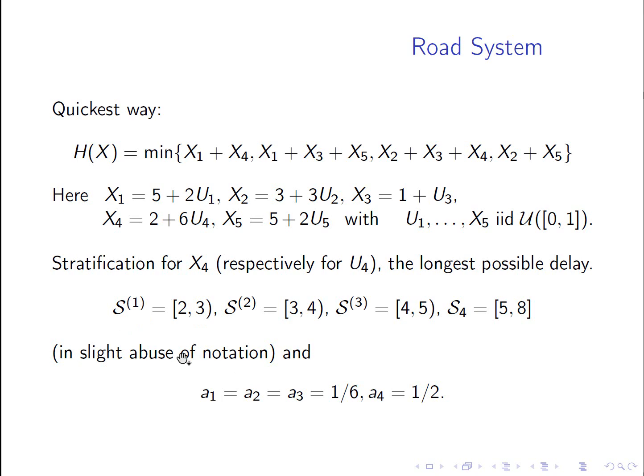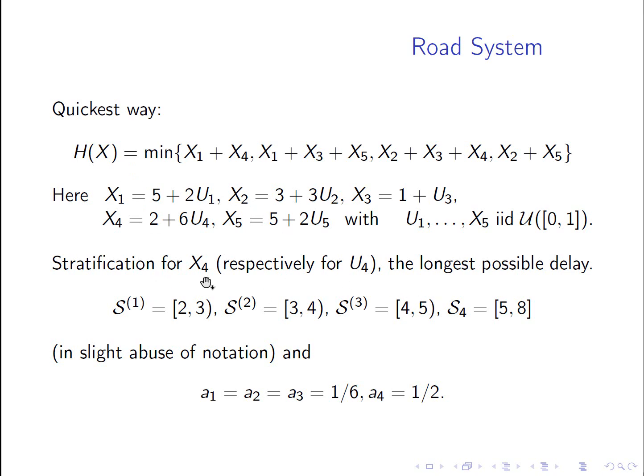Okay, and here I've written in slight abuse of notation. We are doing stratification for x4 only. Formally, we would need a product of intervals, but in all the other parts of the product, nothing would happen. It will always be the full range of x1, x2, x3, and x5.